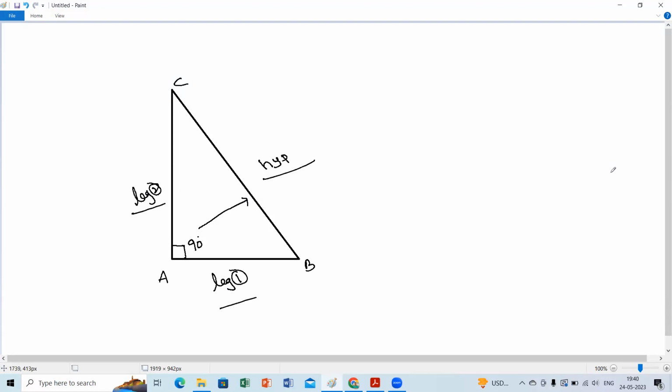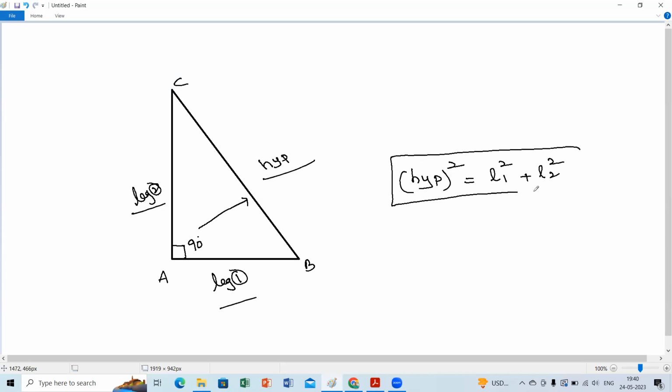Hypotenuse square is equal to leg 1 square plus leg 2 square. Very good. This is what we know very well about Pythagoras property in class 7 for right angle triangles.